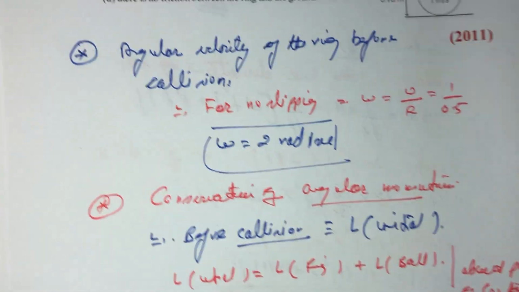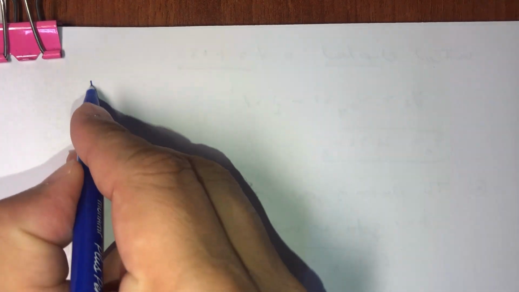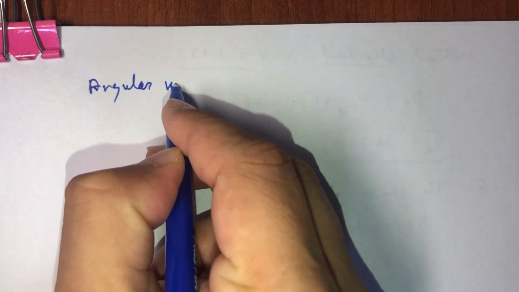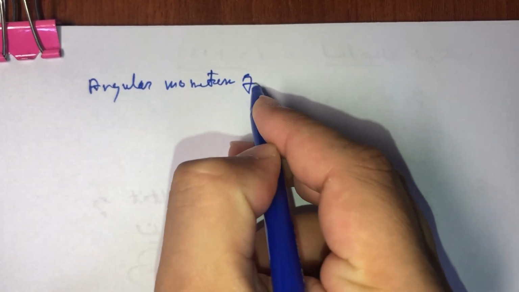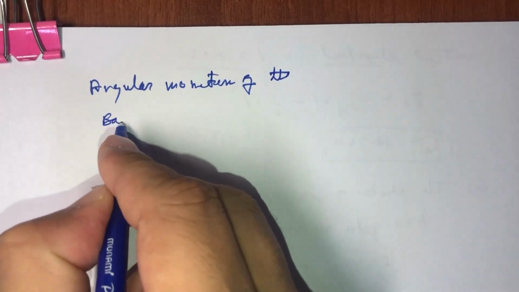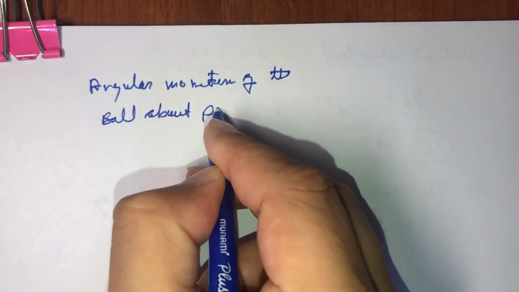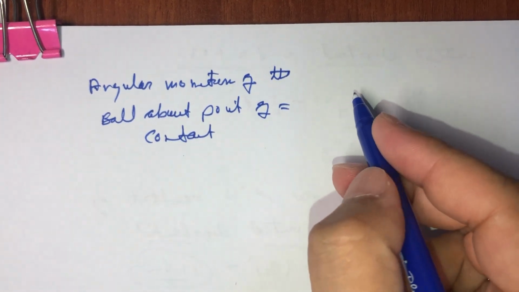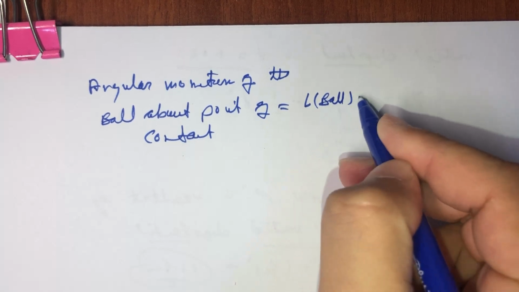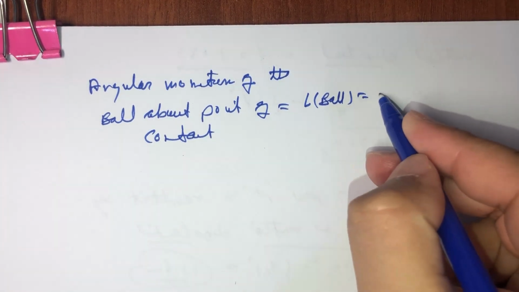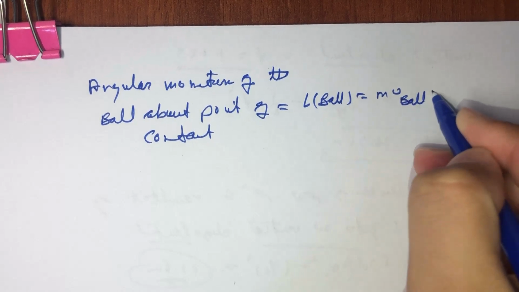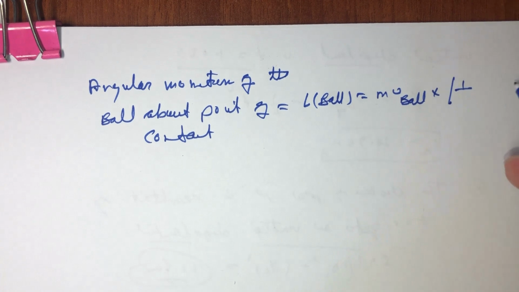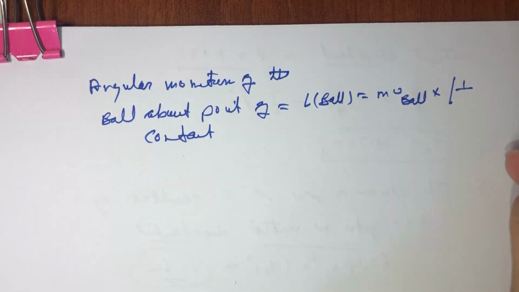Now we are going to find out the angular momentum of the ball about the point of contact, which is given as L ball, and this will be equal to the mass of the ball, the velocity of the ball, multiplied by the perpendicular distance to the point of contact.